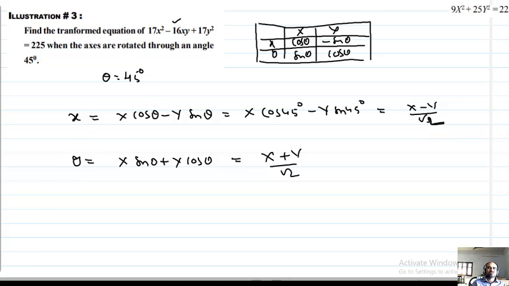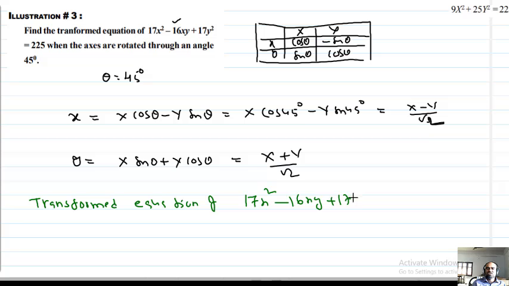Now the transformed equation is what we should write. The transformed equation of 17x² minus 16xy plus 17y² equal to 225 is: 17 as it is.